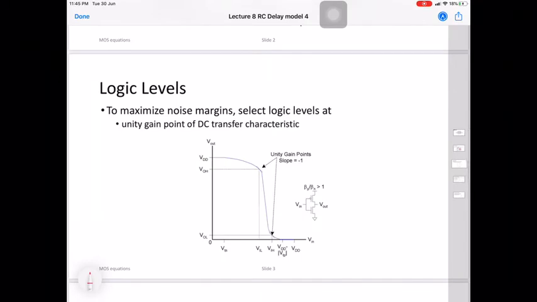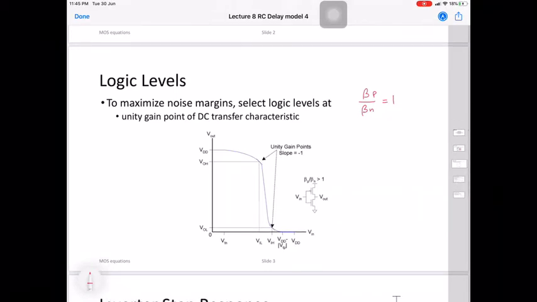So how do we do that? When we want to control the noise margin, we can control it by controlling the beta P and the beta N. The beta P and beta N should be equal to 1 for equal switching, and to maximize the noise margin, we want unity, that is, we want the slope to be -1. This is the voltage transfer characteristic.